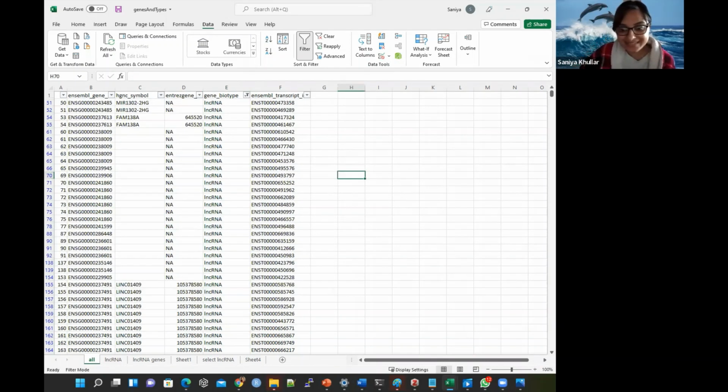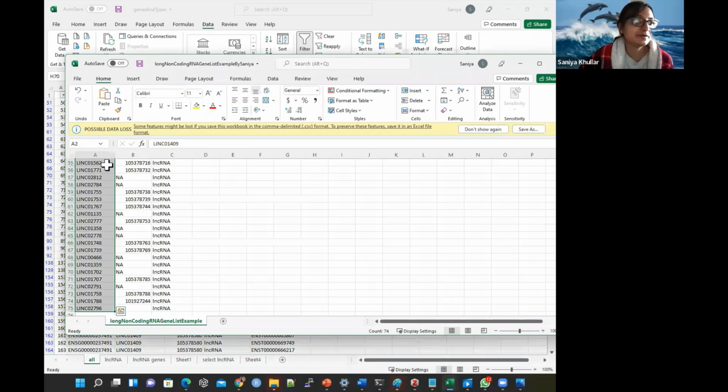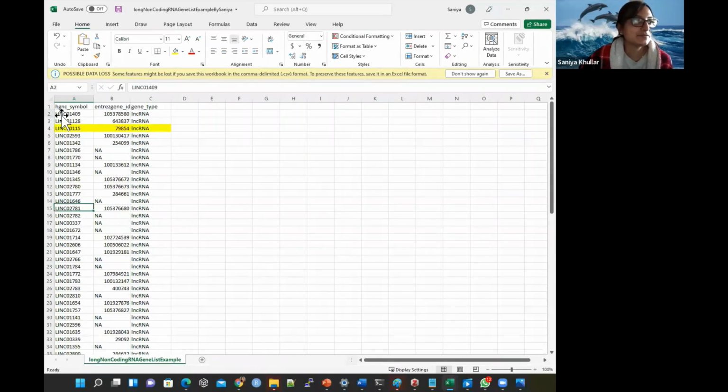But for simplicity, I want to show you guys this list here of 74. I just randomly selected 74 of these long non-coding RNAs.